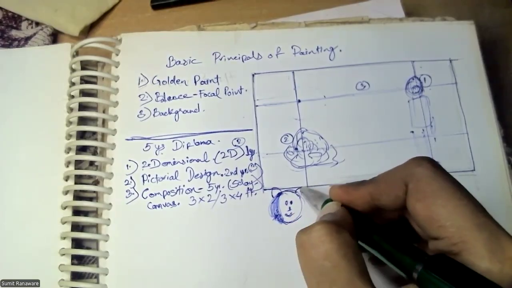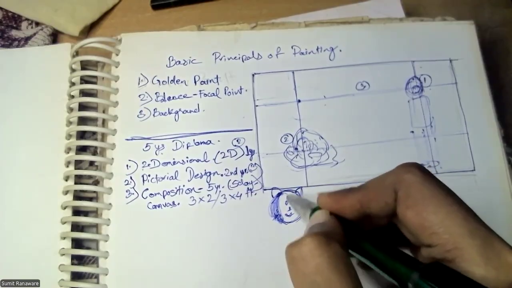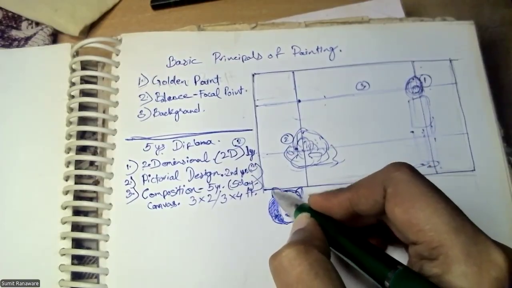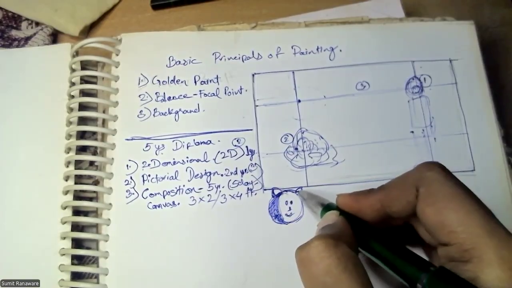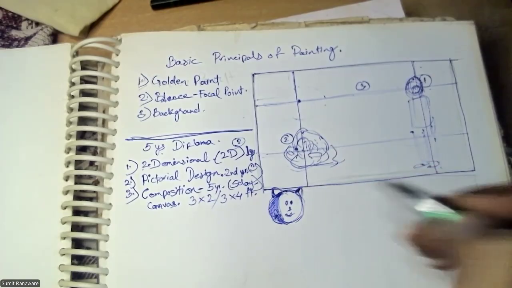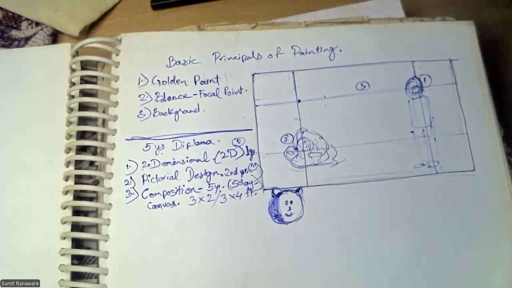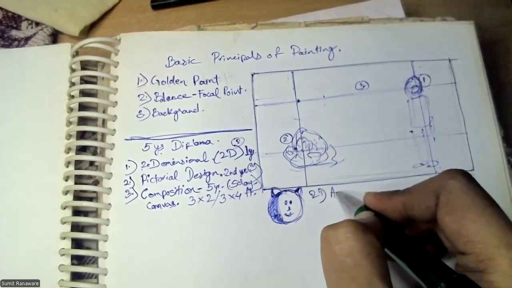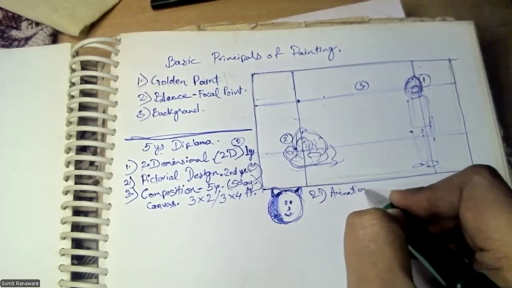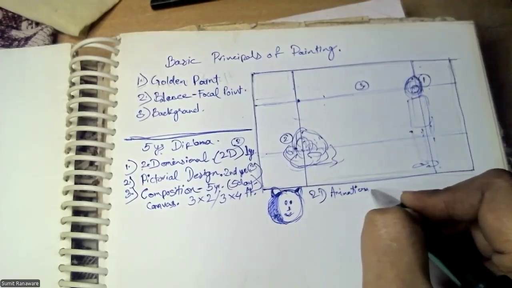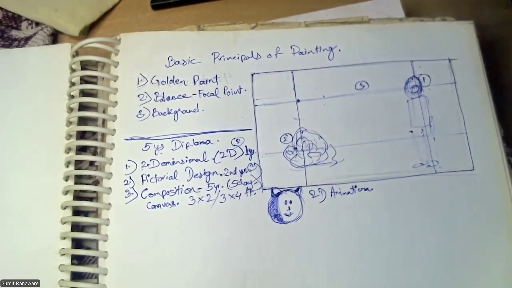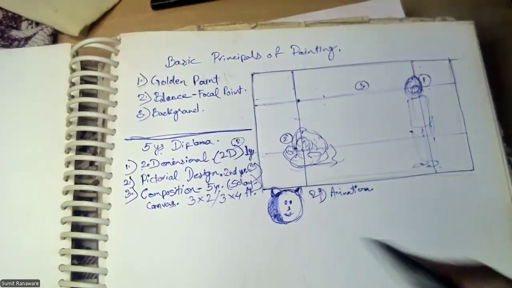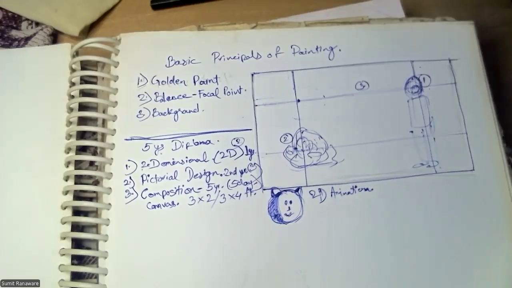So next time you watch any 2D animation, try to notice that there will be parts where they will put shadows, something like this. So they are called 2D animation. Okay. So your homework can be to go to YouTube and just search 2D animation, and you will get lots of videos about the 2D animation. Okay.